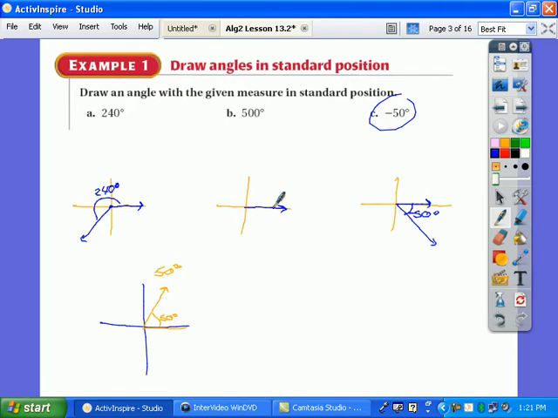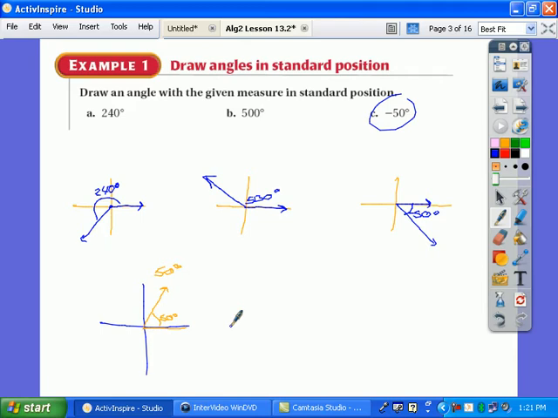If I come up here, that's 90 more, and now I need to go 50 more than that. So this angle measurement, roughly, is 500 degrees, and it's the same angle measurement as 140 degrees.